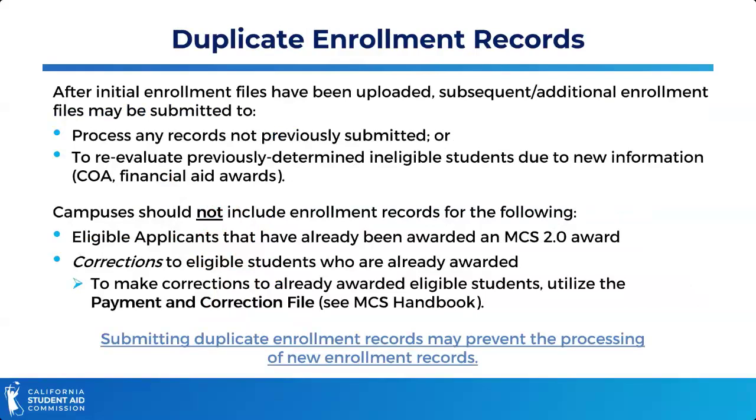Schools should not include enrollment records for eligible applicants that have already been awarded, or corrections to eligible applicants that are already awarded, because for corrections you should be utilizing the payment and correction file. Submitting duplicate or awarded eligible applicant enrollment files may prevent the processing of new enrollment records.